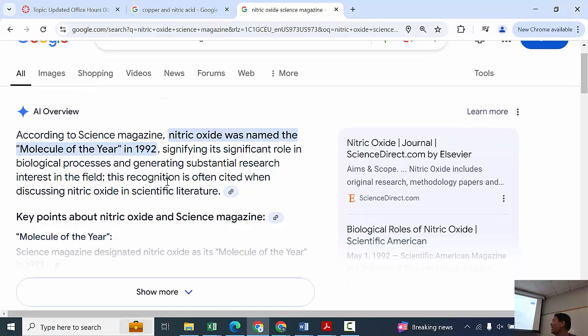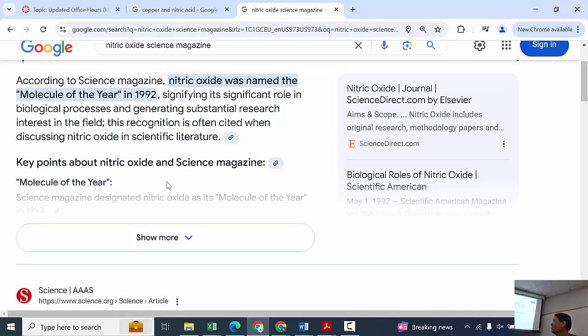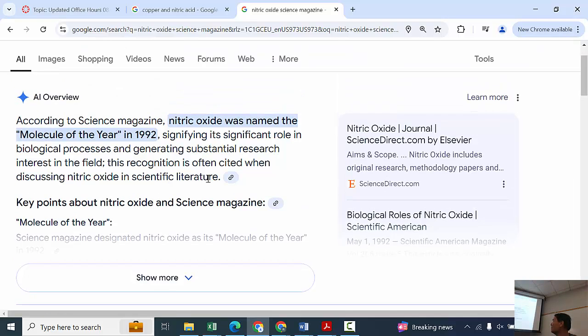So you could read about it if you want. It has really important biological roles that really weren't well understood. And then, you know, they even tried nitric oxide during COVID to see if nitric oxide therapy would help with the blood clotting issues, because nitric oxide is important at regulating blood circulation.